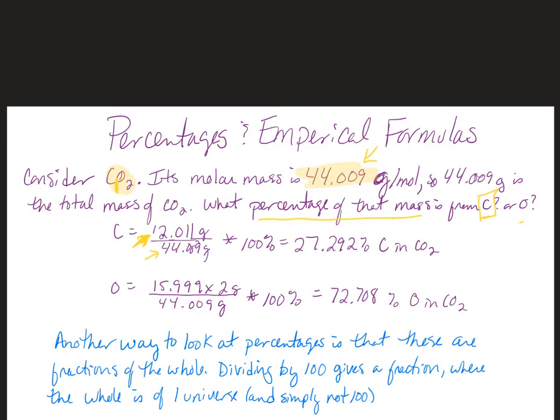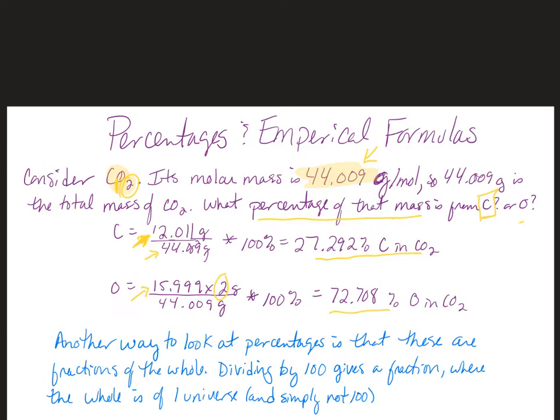We then multiply by 100% to get a percentage, and we can end up with that value pretty quickly. In the same regard, you can do this with oxygen. Well, oxygen has a mass that's seen here, but there are two of them in the formula. So we have to multiply that by 2 and then divide by the 44.009, times 100, and this is what you get.